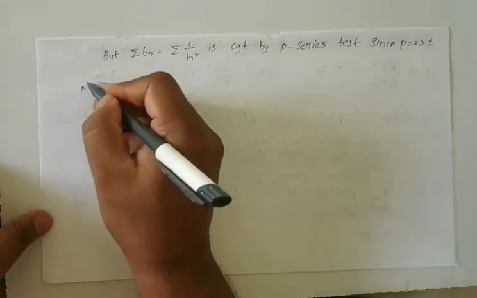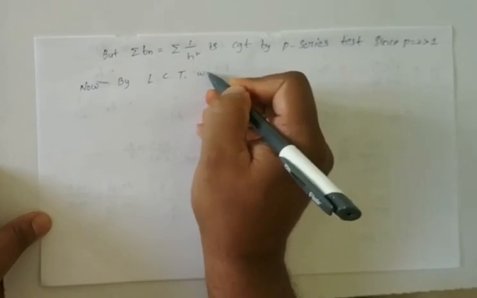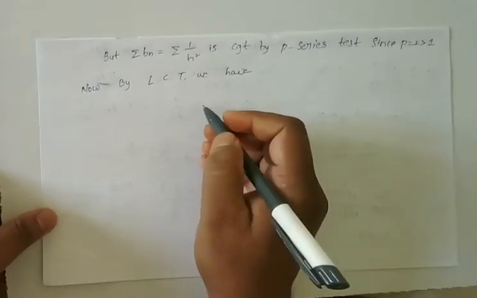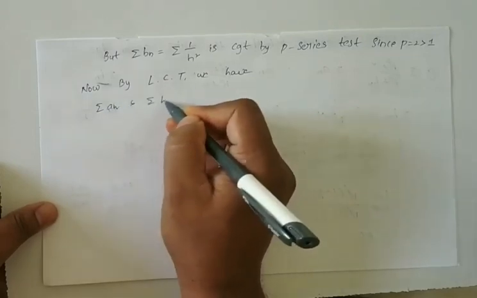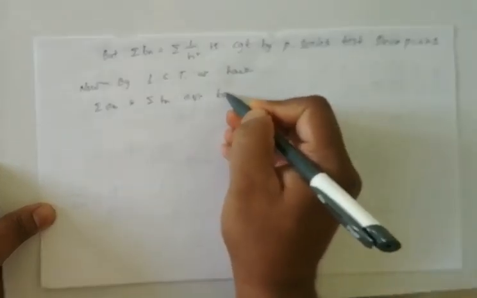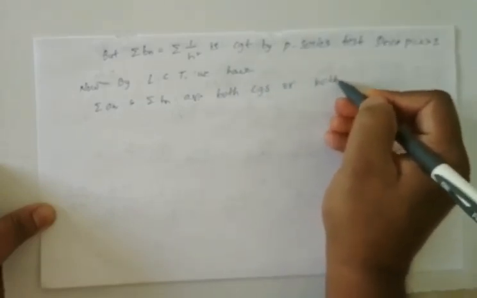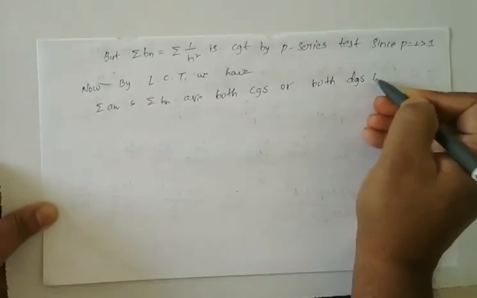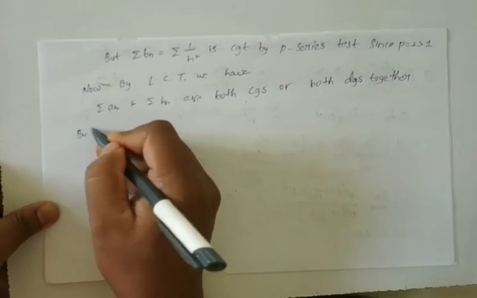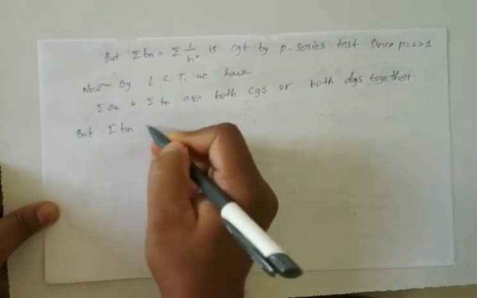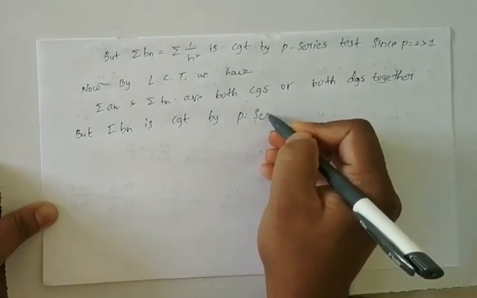Now, by the limit comparison test, we have that summation an and summation bn both converge or both diverge together. But summation bn is convergent by the p-series test.